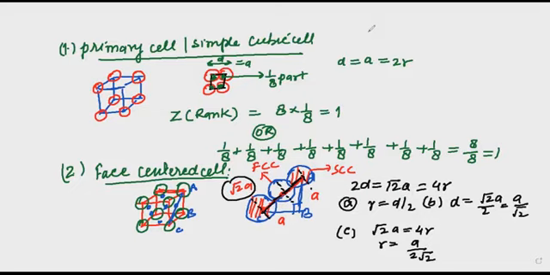Now we come to the last one, this is BCC, and we will explain it very quickly because time is running out. This one is the third, which we call the body centered unit cell.